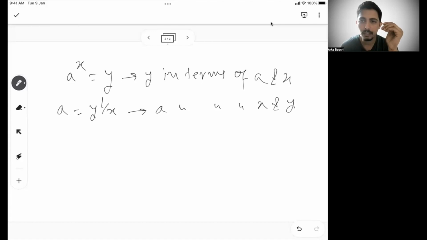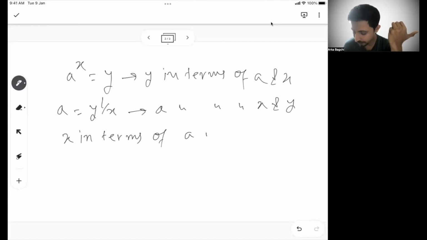I know how to write y in terms of a and x, and a in terms of x and y. But how can I write x in terms of a and y? Can we do this with only our indices understanding? No, you can't write x in terms of a and y with only knowledge of indices.